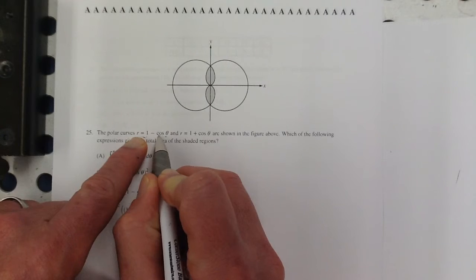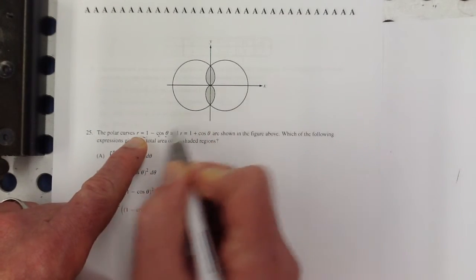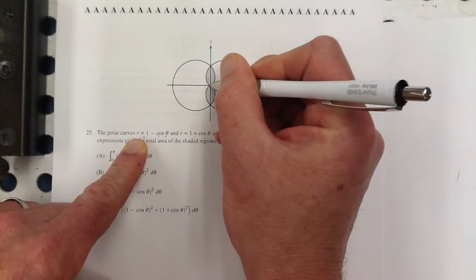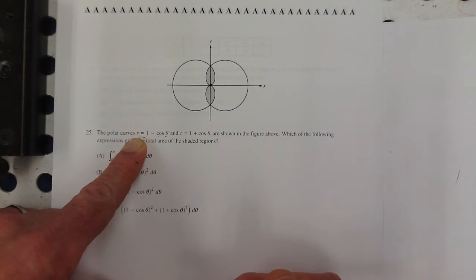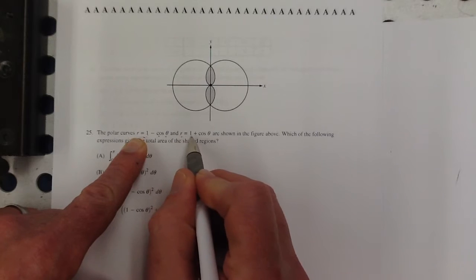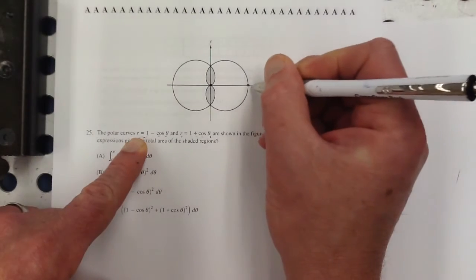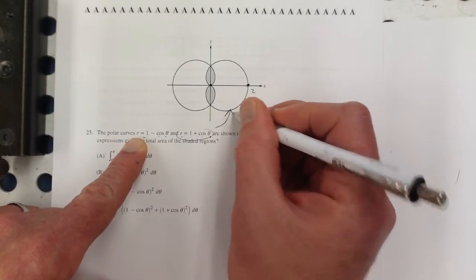When you're looking at the angle 0, the cosine of 0 is 1, so r will be equal to 1. And that's not super helpful because it looks like they both go through there. This one, r is equal to 1 plus cosine theta. When you plug in 0, you get 2. So that's got to be this one.